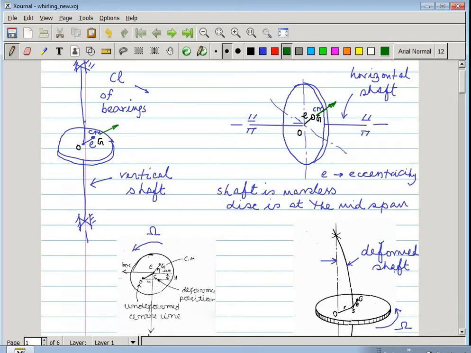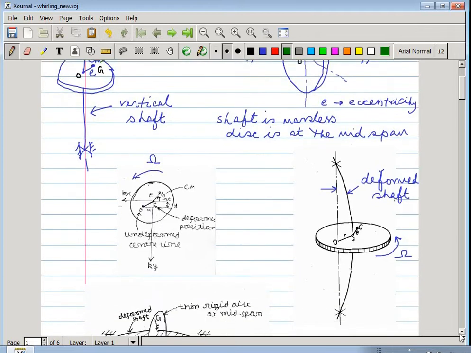shaft to deform. So here, if you think of the vertical shaft, this thin chain line is the axis of rotation.